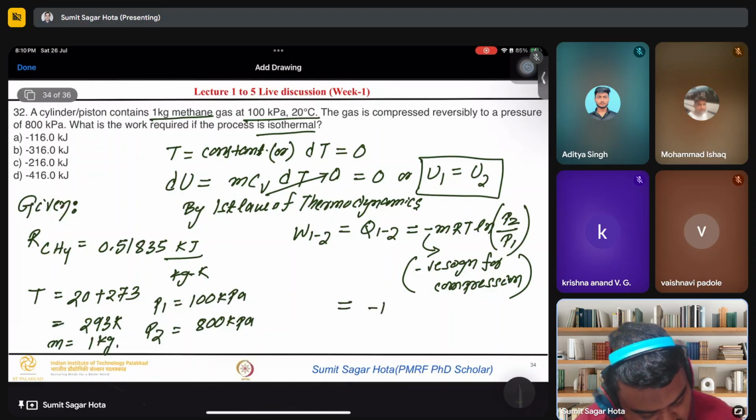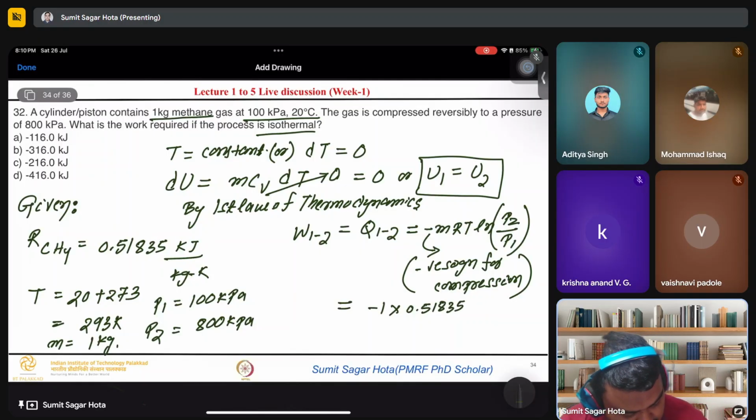Your minus 1 into R, 0.51835, into T, which will be your 293, into ln P2 by P1. P2 is your 800 by 100.